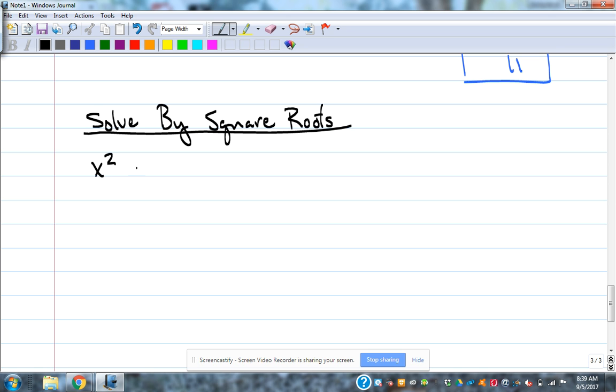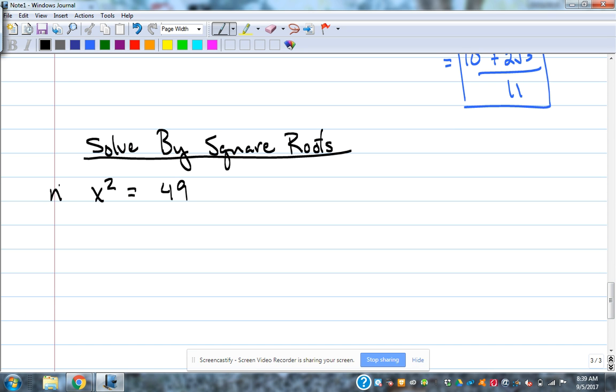Let's start with this one. x squared equals 49. So something similar to that first example here. Here we have x squared by itself equal to a number. That's the light bulb that says, hey, solve this by square roots because it's quick and easy.